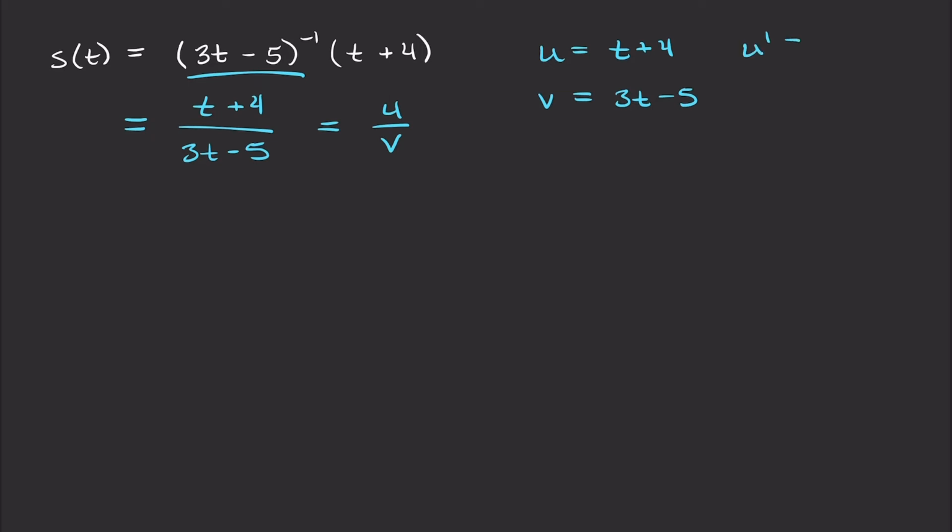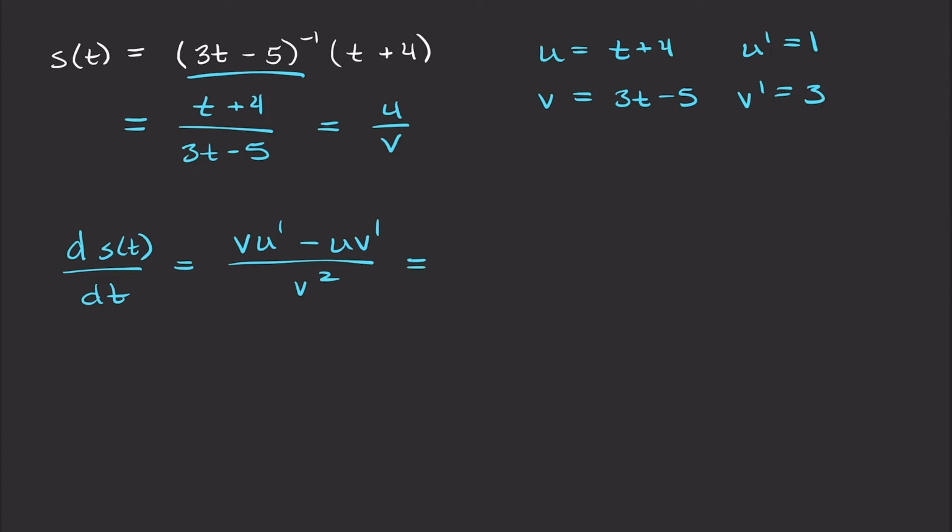So our u prime will just be 1. Derivative of t plus 4 is just 1. V prime will be 3. And then we can write our derivative, ds of t with respect to t. And this is low d high minus high d low, all over low squared.